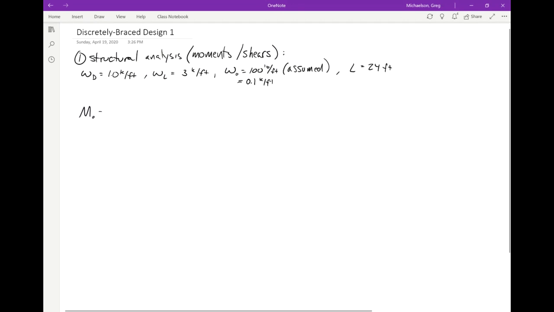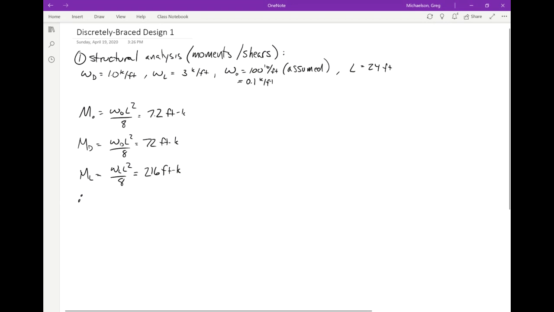So our M naught is WL squared over 8, which is 7.2 foot kips when you chug that out. MD is WD L squared over 8, which is 72 foot kips. I'm just going to say FPK. And then ML is WL squared over 8, which is 216 foot kips.